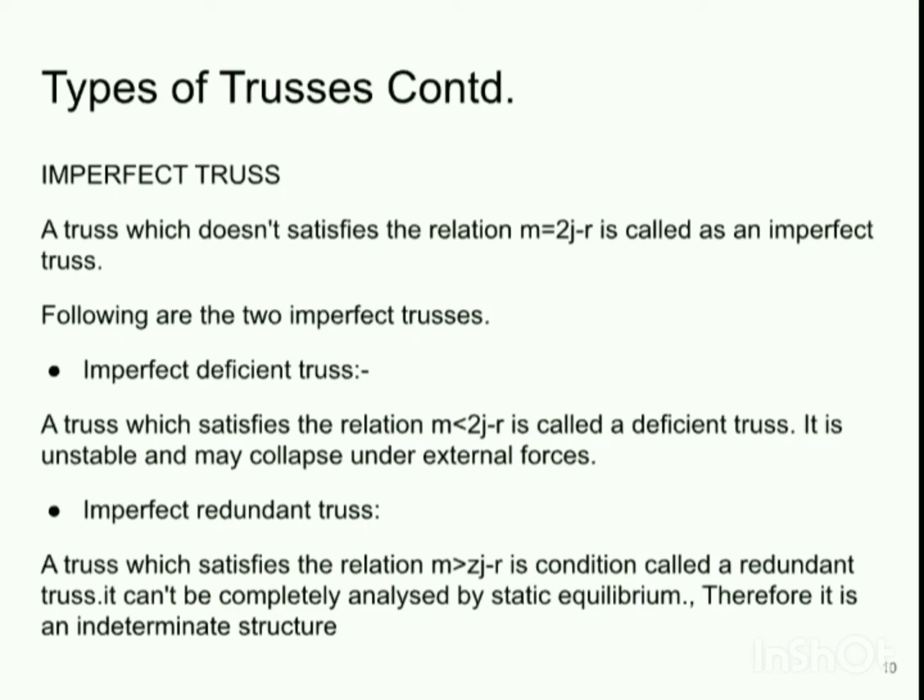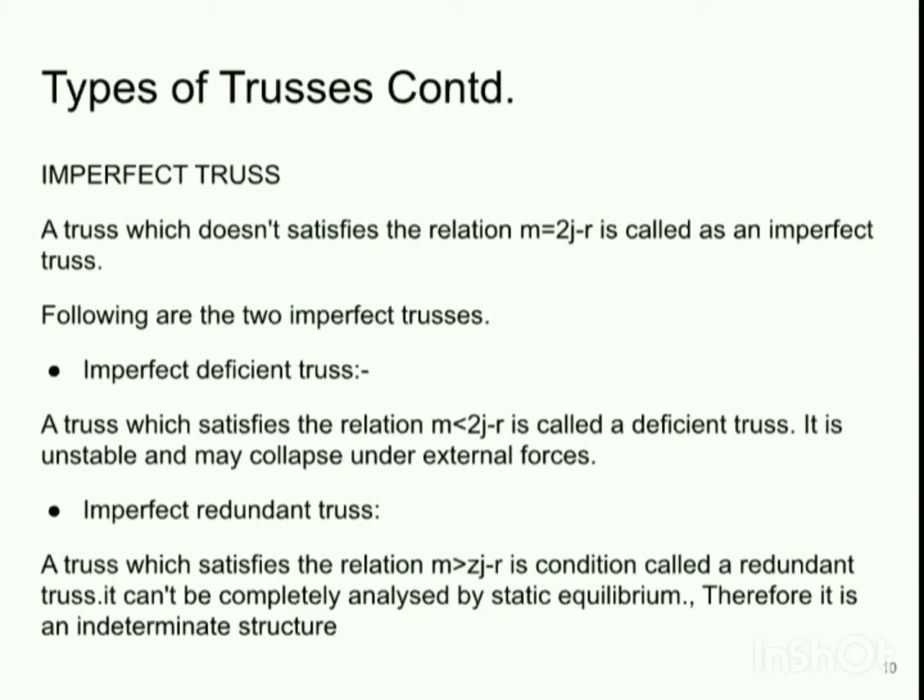Now it may happen that the members of the truss are less, or the number of joints available in that truss are more. So let us see how the imperfect truss is further classified.